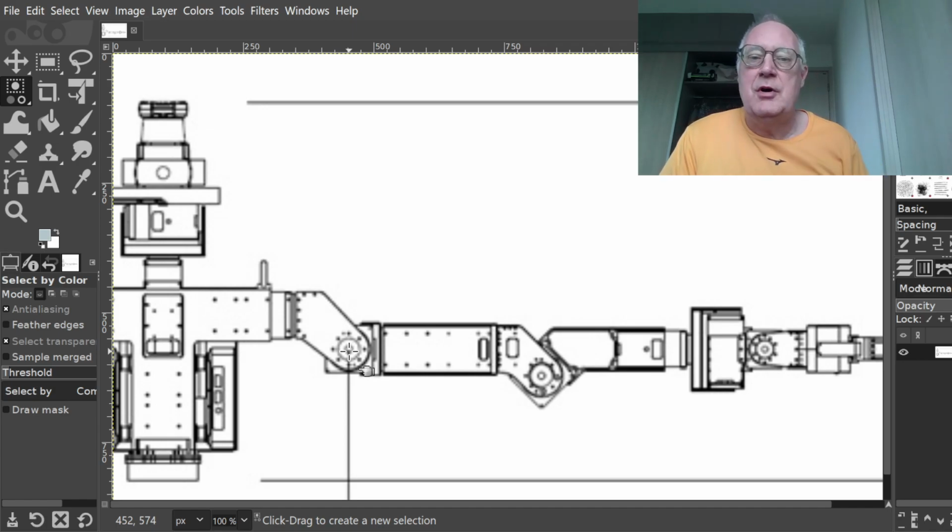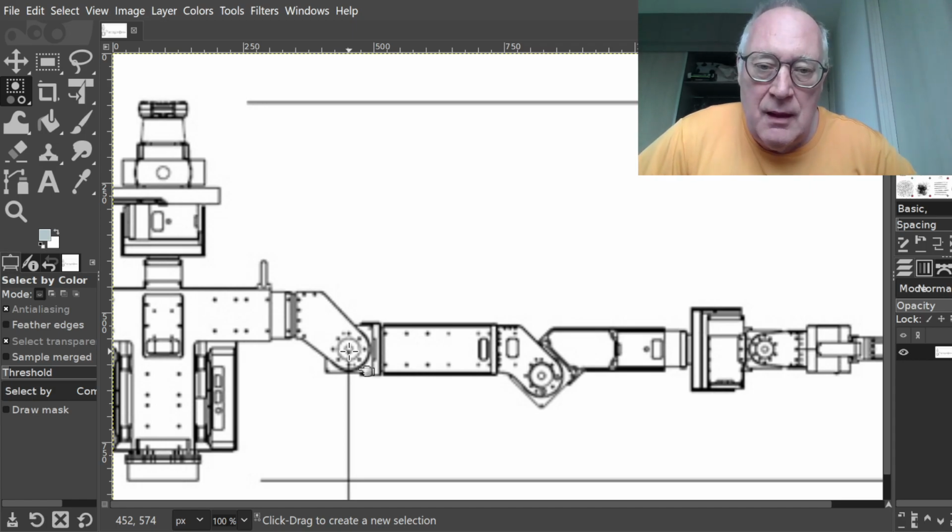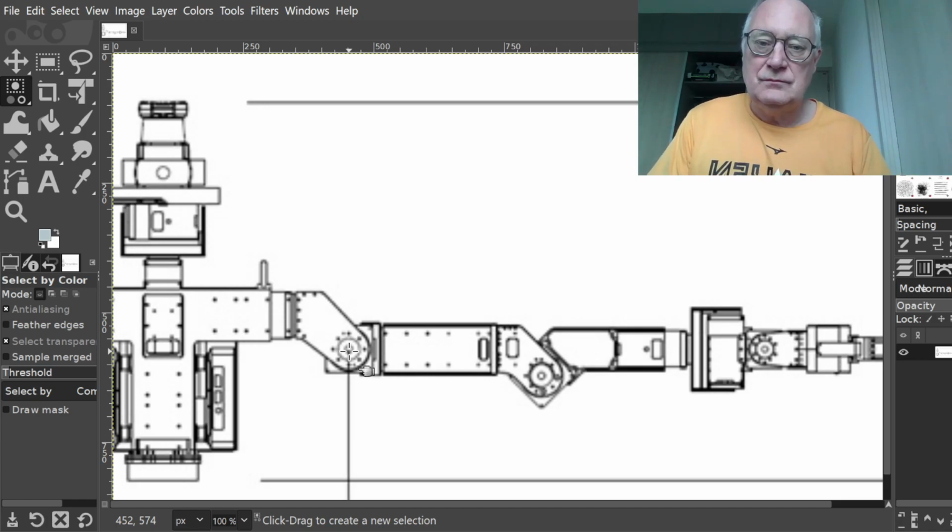Pixel coordinates. In the bottom left you can read the position of the cursor. So that will be 452. So then the distance per pixel.